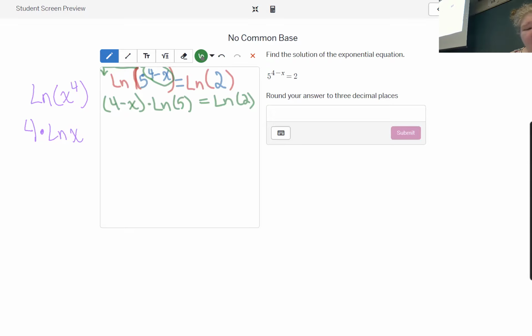So if I have 4 minus x times a number, then I can distribute that number through the parentheses. So I'll have 4 times the number natural log 5 minus x times the number natural log of 5, and then still equal to natural log 2.